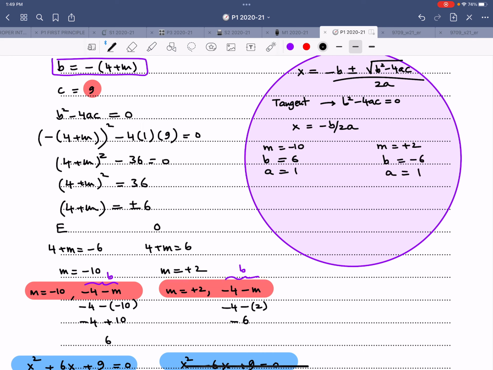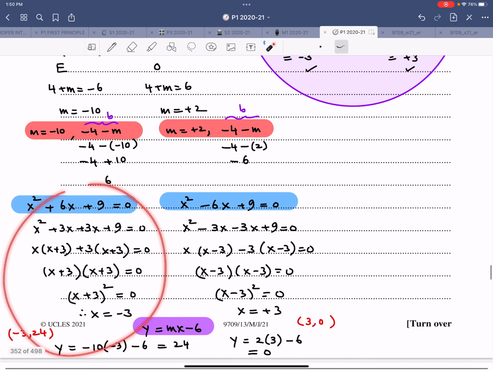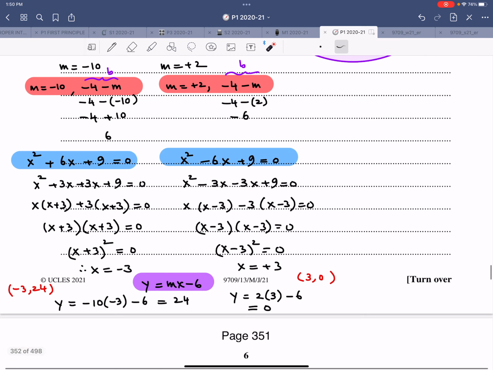So therefore the x coordinate would be minus 6 divided by 2 times 1, which comes out to be minus 3. And x equals minus negative 6 over 2 times 1, which comes out to be positive 3. So I'm just re-emphasizing that without factorization, this thing is basically this thing, and this thing is basically this thing.